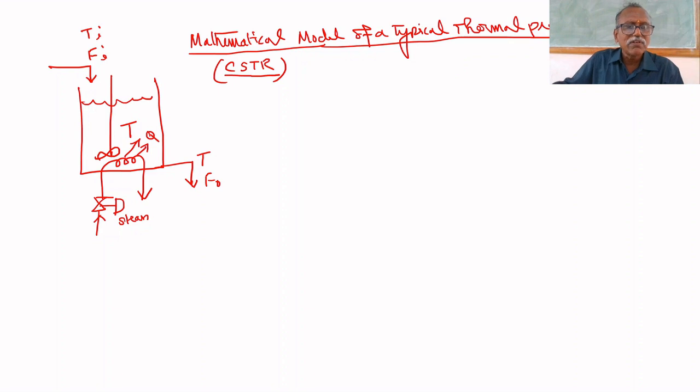The amount of heat given by this steam is so many joules per hour, joules per unit time. This is the coil through which the steam will go. The heat in the steam will be transferred to the CSTR. The height of this tank is H.